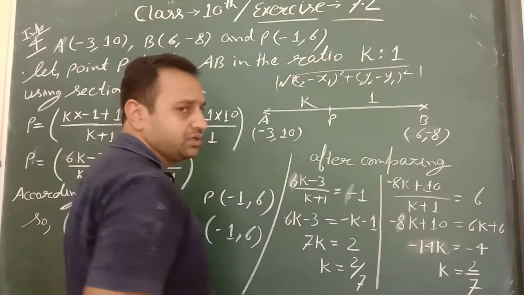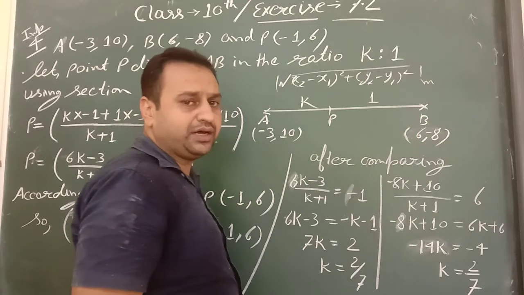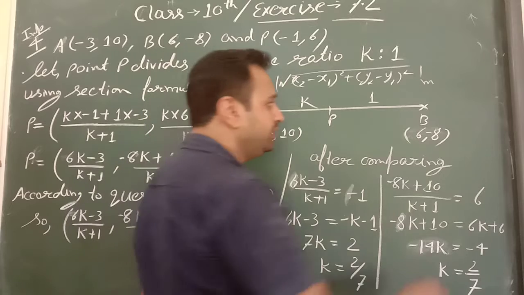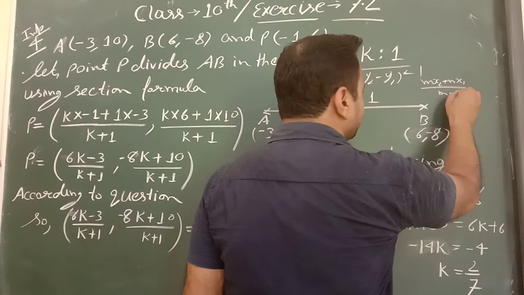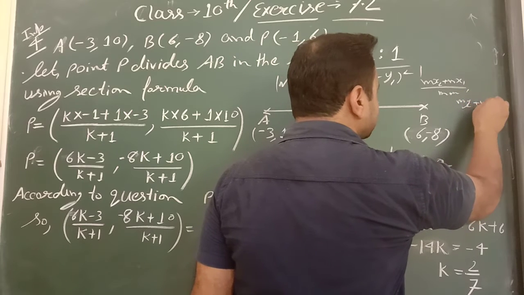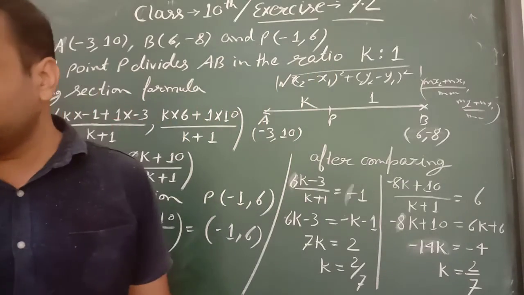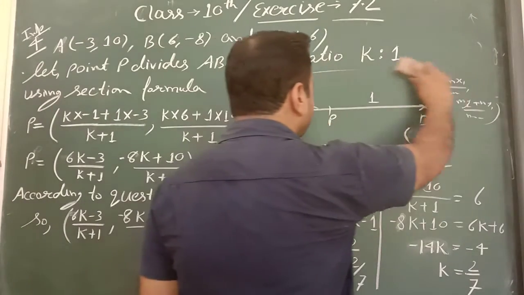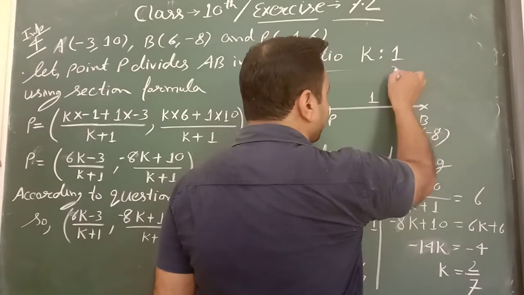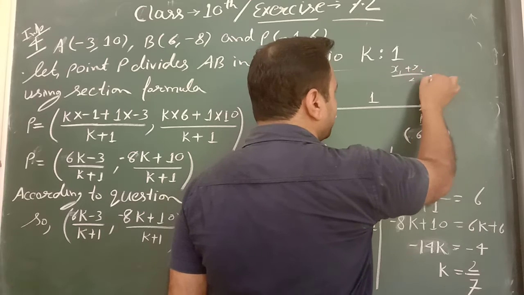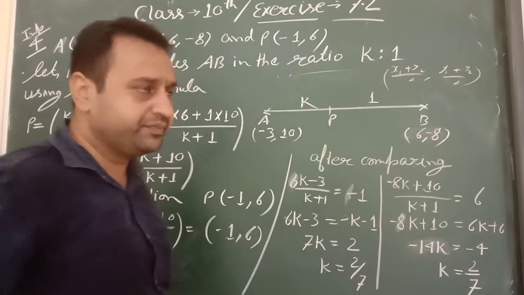And section formula: when a point divides a line segment in the ratio m/n, (mx2 plus nx1) upon (m plus n), comma (my2 plus ny1) upon (m plus n). It is the section formula we use in this chapter, and we have already studied the midpoint formula: (x1 plus x2) upon 2, comma (y1 plus y2) upon 2.